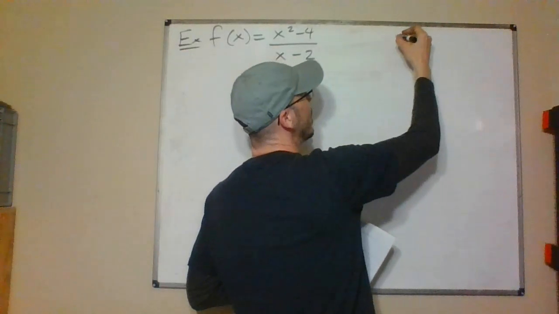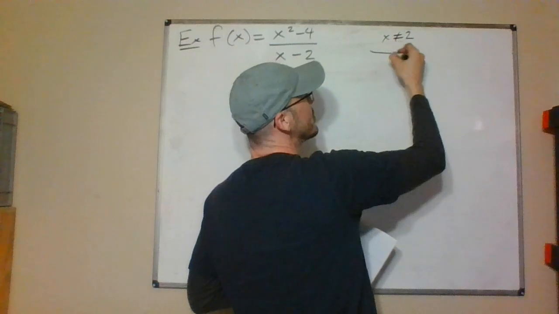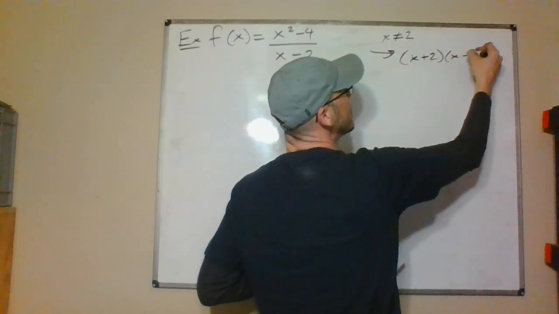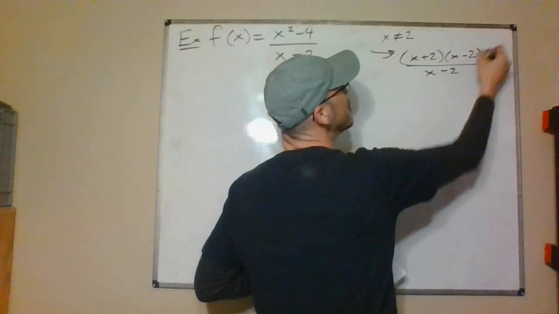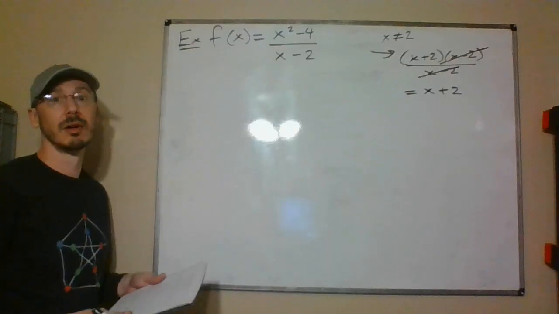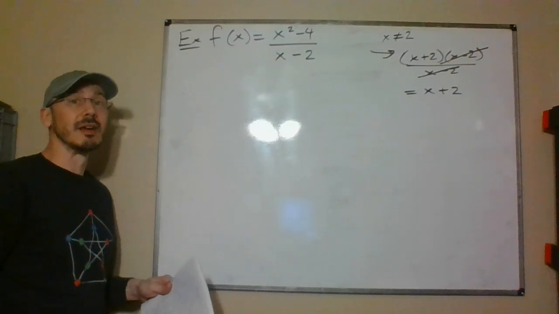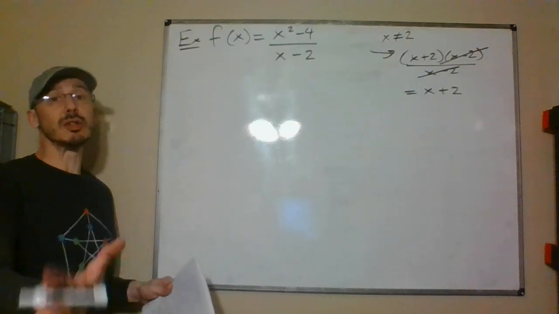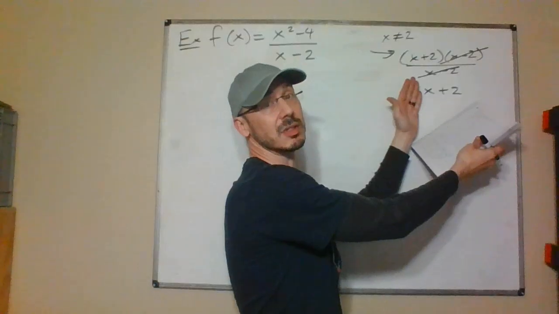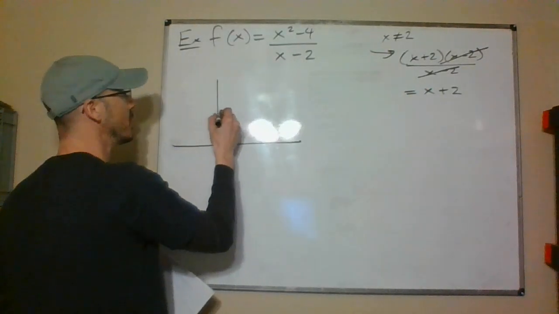If x is not equal to 2, then this function is equal to x plus 2 times x minus 2 over x minus 2, which means it's just equal to x plus 2. So let me say that again. For any value of x that isn't 2, this function is just equal to x plus 2. It's just a line. In fact, I'm going to graph it, x plus 2.